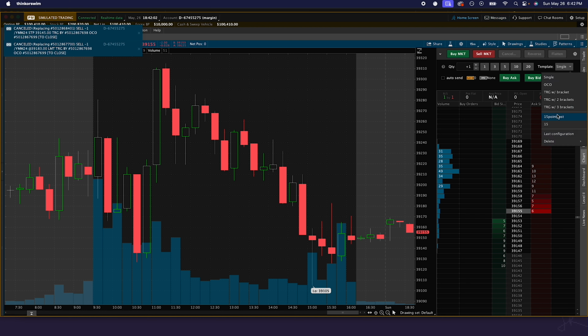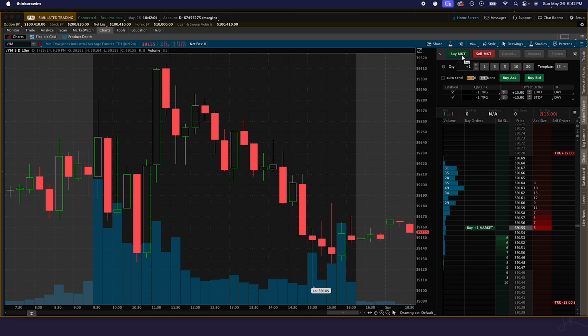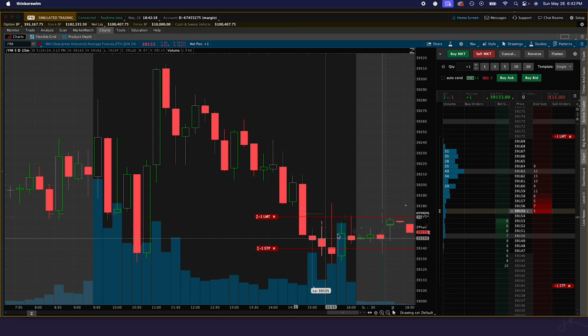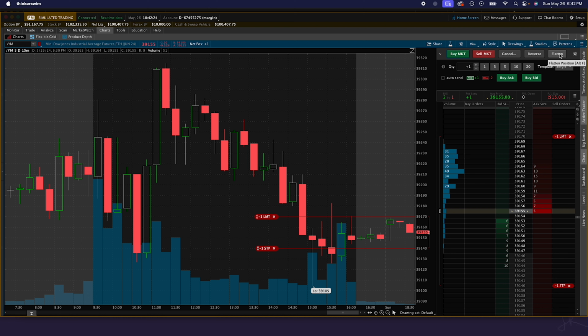If I bring in my bracket order again and buy market, that buy has these trades attached to it. But if I'm selling market, there's no bracket orders attached to that. So if you want to just get out or sell market or whatever it may be, make sure you flatten the trade.